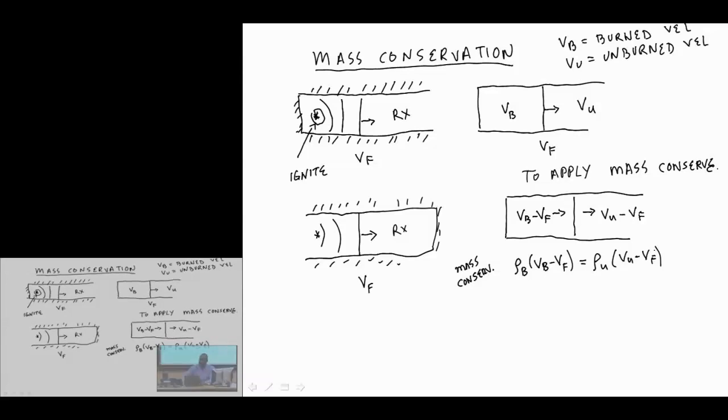And so ideal gas equation of state with an approximation. So fire is complicated, so we can make sort of interesting approximations like this. Let's say that RU is equal to RB, so the gas constants are the same.